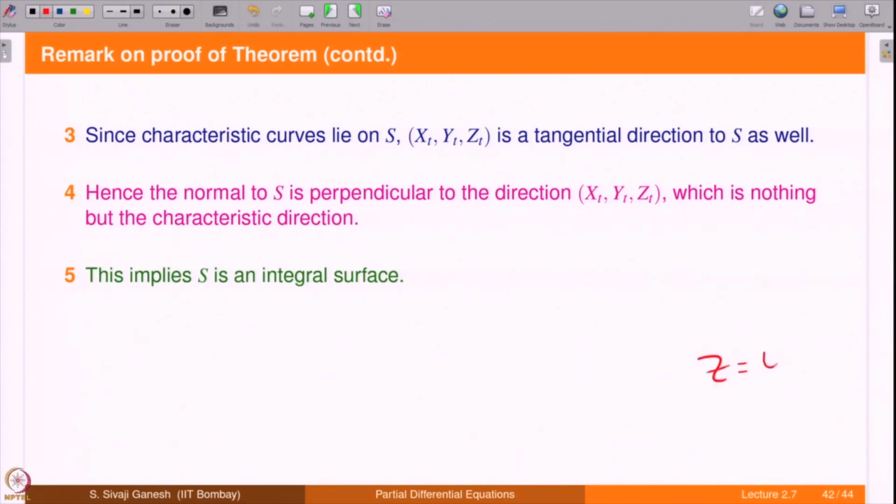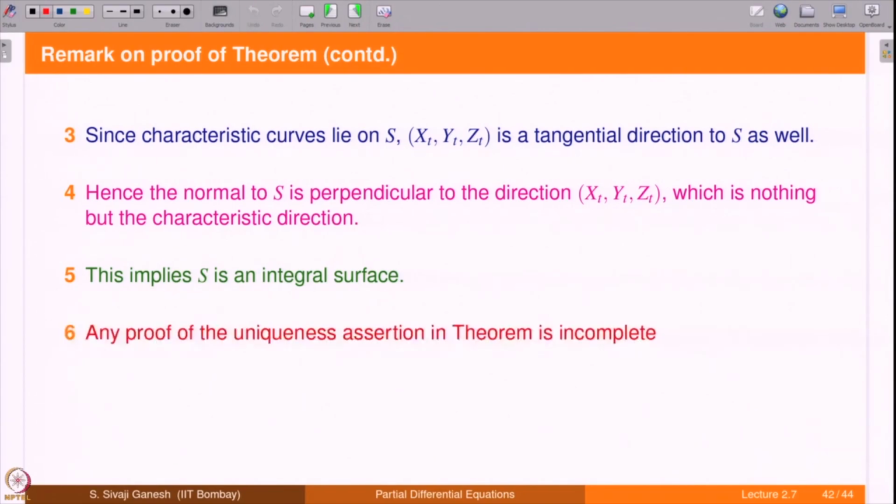If z equal to u(x,y) is your surface, the normal is along this direction (ux, uy, minus 1). And what is the tangential direction? One of them is (a, b, c). The dot product has to be 0 and this is nothing but the equation. Therefore, the surface S is an integral surface.